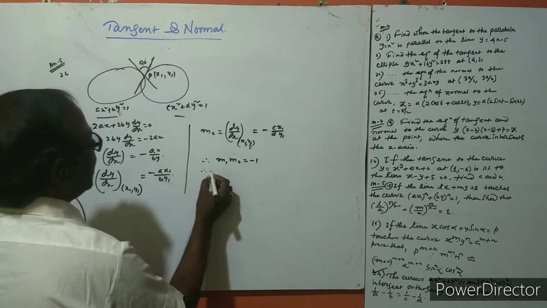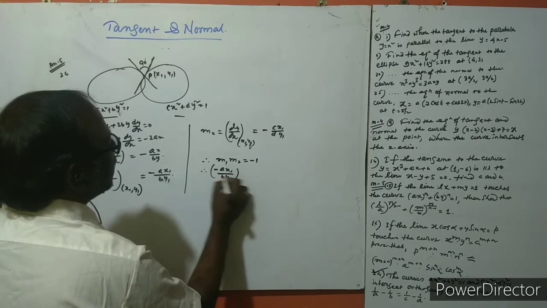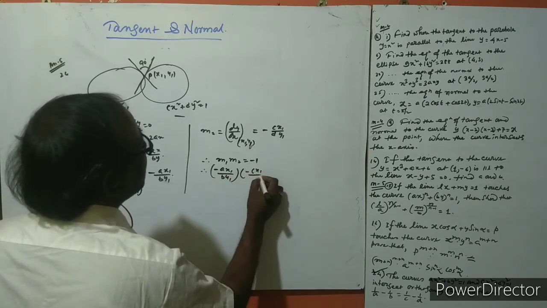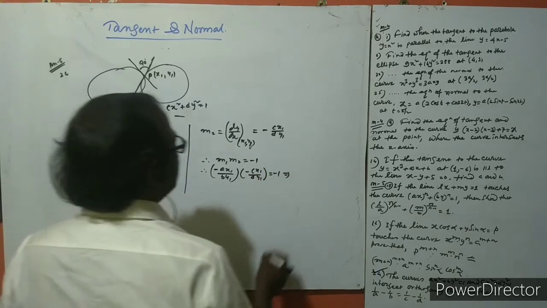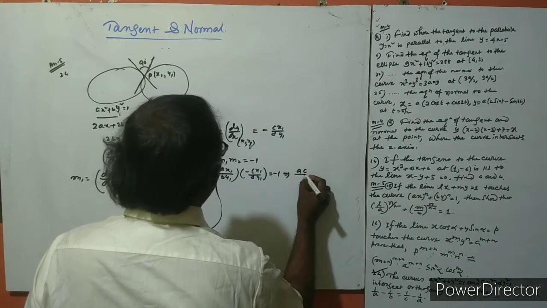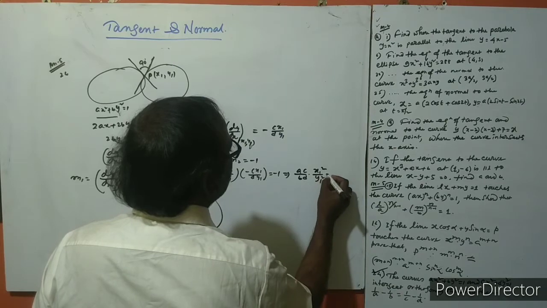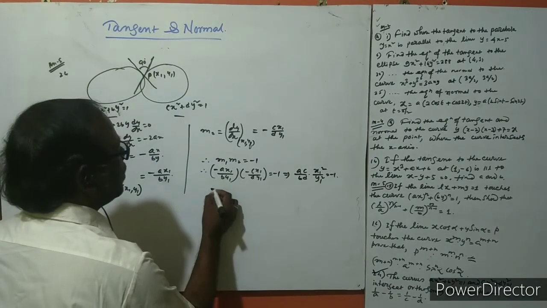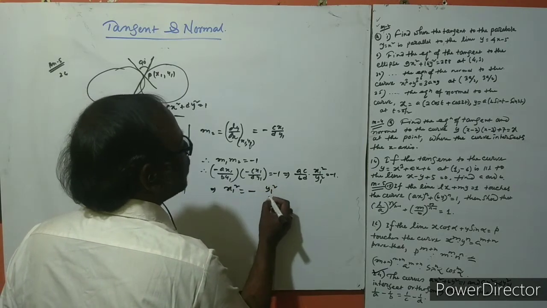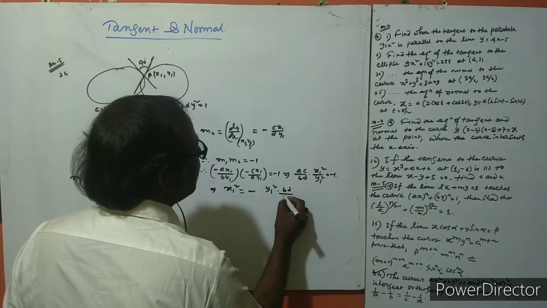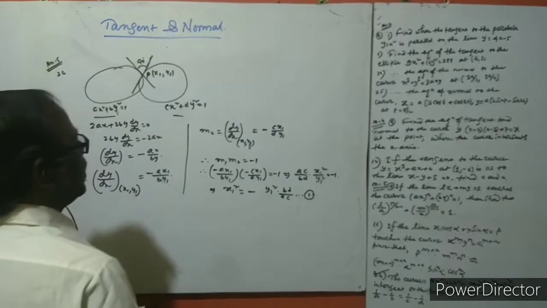Therefore minus ax1 by by1 times minus cx1 by dy1 is equal to minus 1, which implies ac by bd times x1 square by y1 square equal to minus 1. So x1 square is equal to minus y1 square times bd by ac. This is number 1.